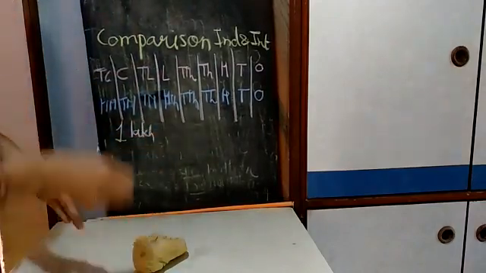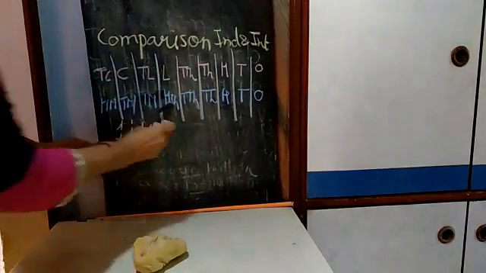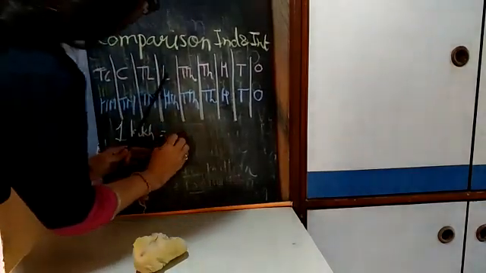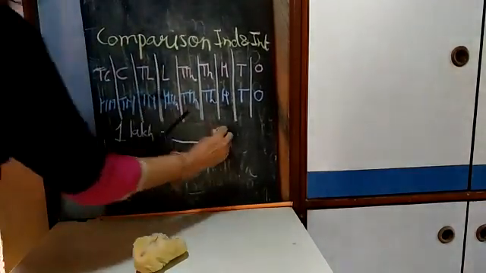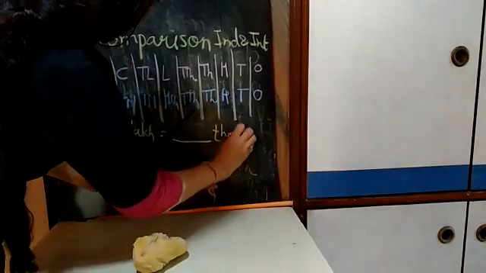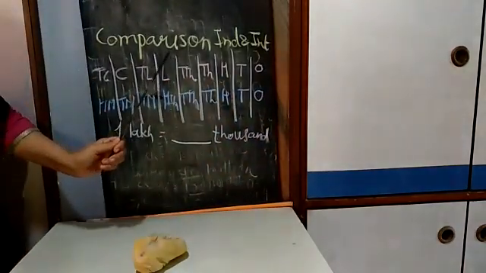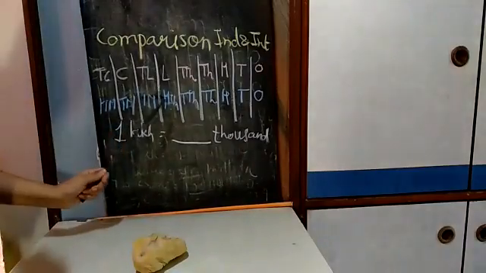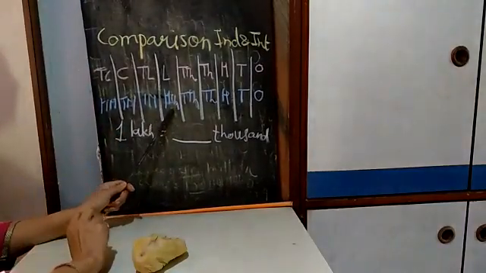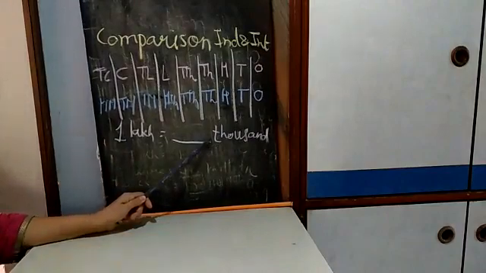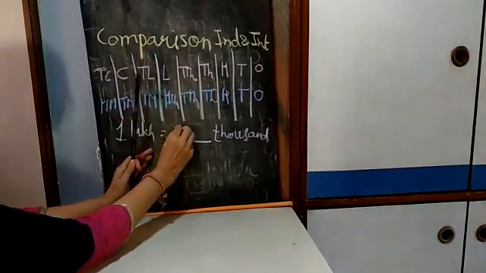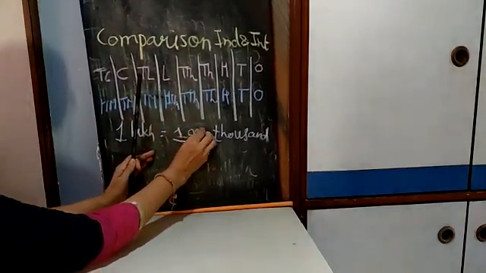See children, 1 lakh is equal to how many thousand? If it is 1 lakh in the Indian system, then how many thousand in the international system? So 100. So it is 100,000.